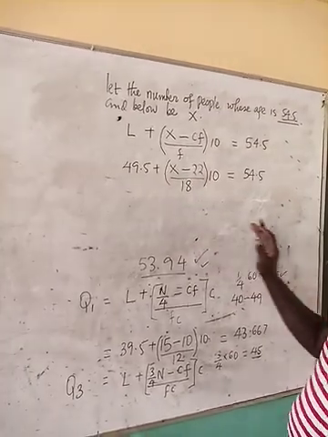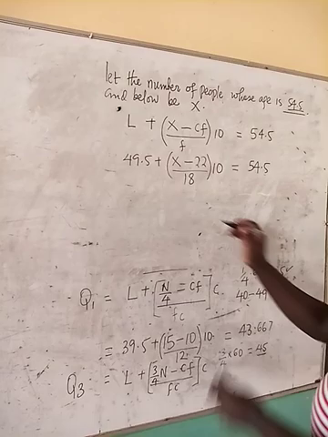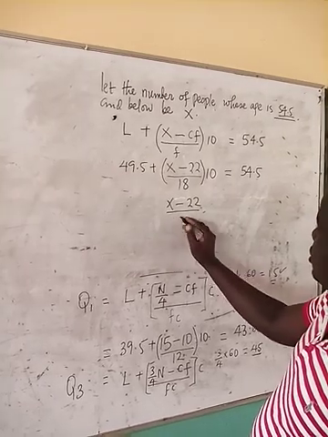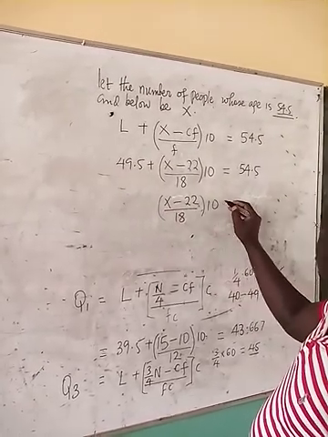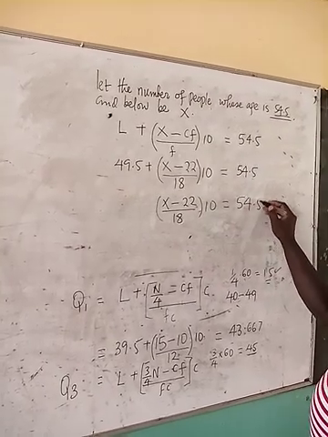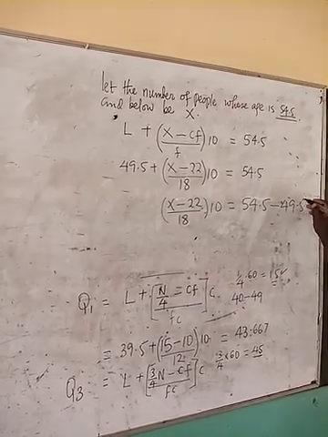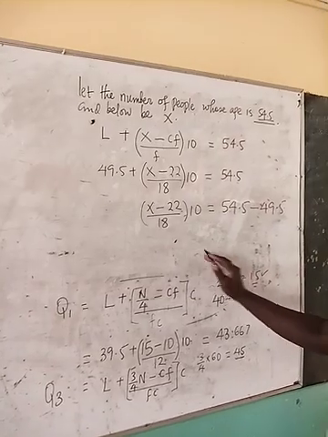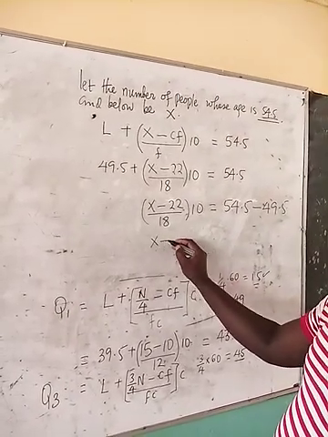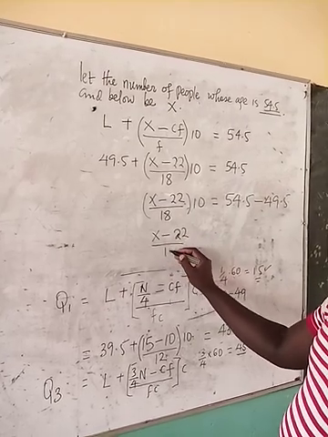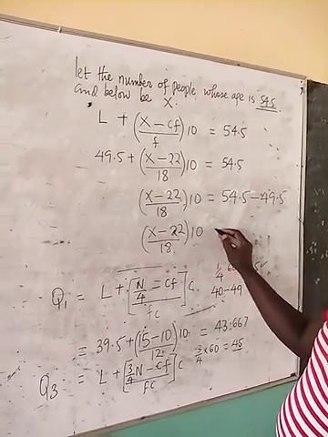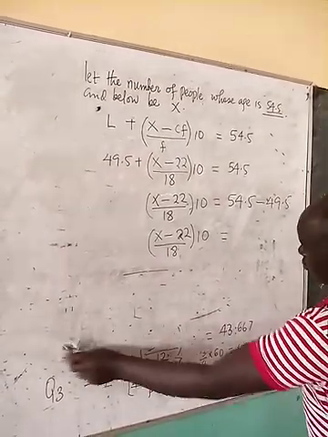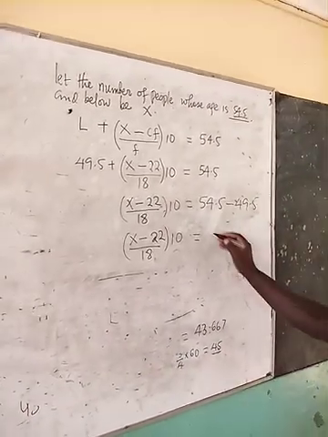So we can simplify. The rest of the work is now arithmetic. We can have X minus 22 over 18 times 10 is equal to 54.5 minus 49.5 when we take this the other side of the equal sign. So when we do that, we shall have X minus 22 over 18 times 10 is equal to, when you subtract 49.5 from 54.5, we shall get 5.